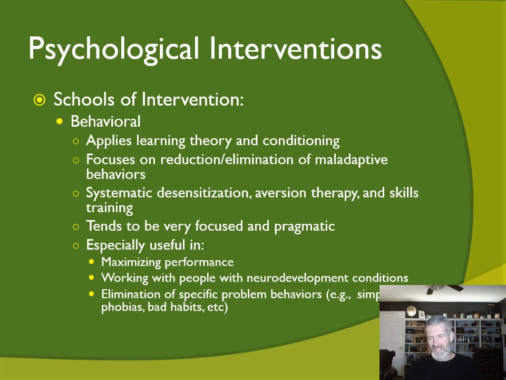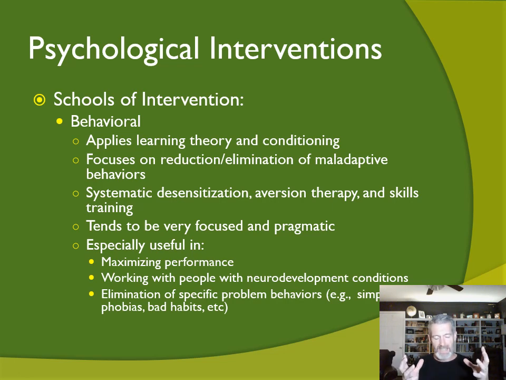Aversion therapy, I'll give you the classic example. You're trying to give up, I don't know, Oreos or cigarettes or whatever, and the classic one is you put a rubber band on your wrist, and every time you have a thought about the Oreo, you pull that rubber band back and you let it snap against your wrist, and that hurts.